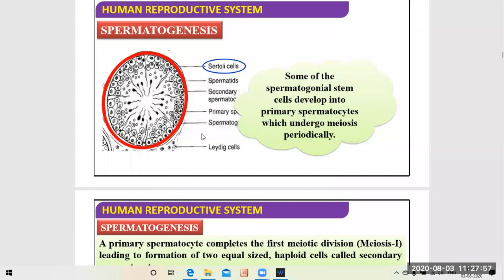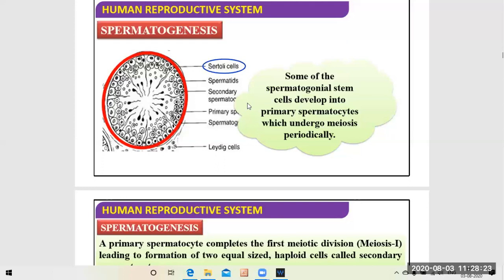Some of the spermatogonial stem cells develop into primary spermatocytes, which undergo meiosis periodically. So there is an exception: some primary spermatocytes undergo meiosis, meaning meiotic division, periodically, time to time.